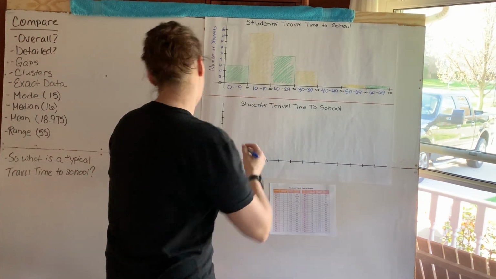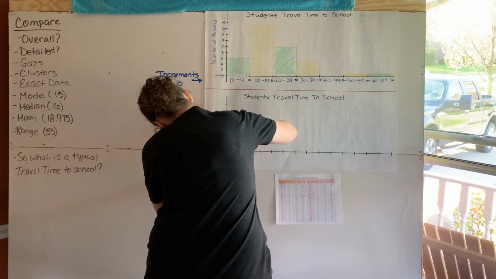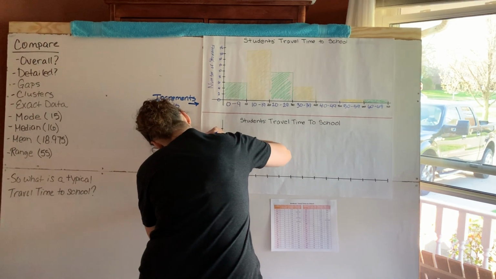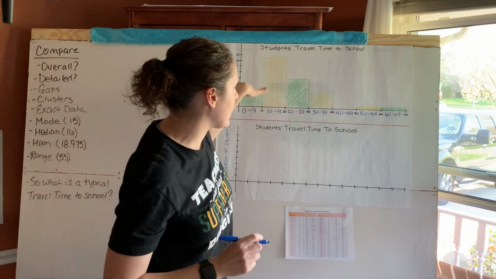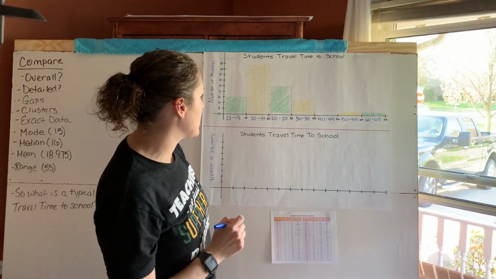And I'm going to do that on both graphs. And my x-axis, I forgot to label that the first time around, so I'm going to do that right now too.